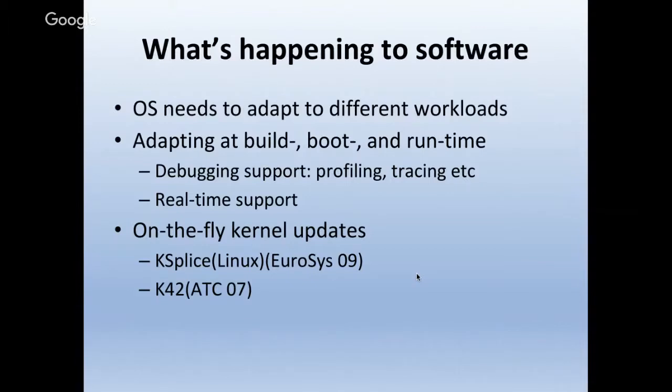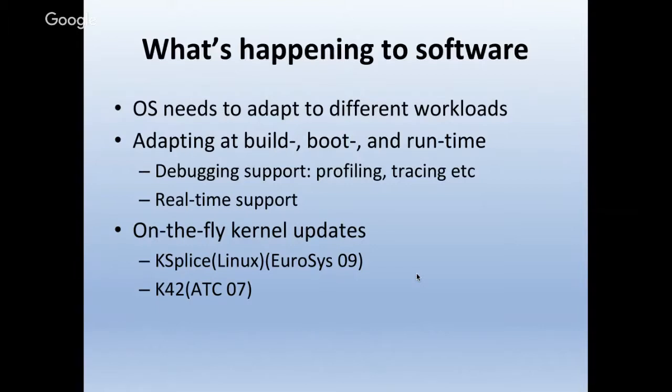So what's happening to software? In software, we usually need to adapt our OS to different workloads. Now, general purpose kernels were very useful to adapt, but we still have to adapt to modify at build, boot, and runtime, for example, to facilitate debugging with profiling and tracing.